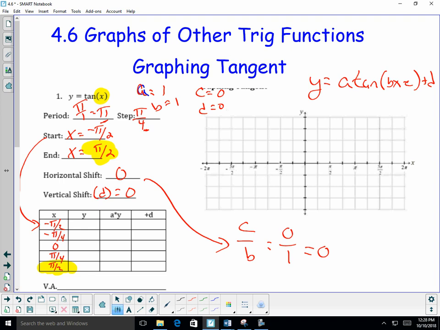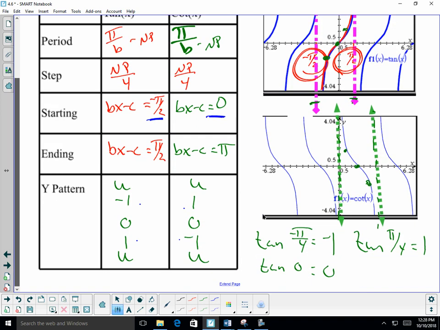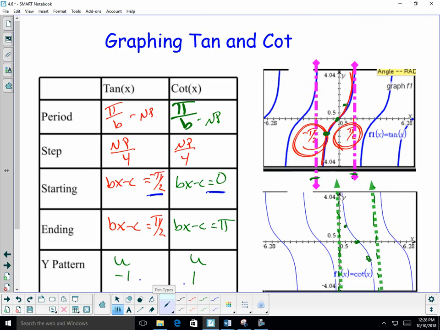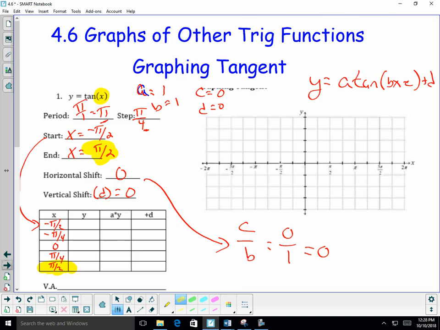And now let's complete the table. My y pattern, you're going to eventually memorize this, is that u, negative 1, 0, 1, undefined. So that's what I'm going to put in here for my y pattern.